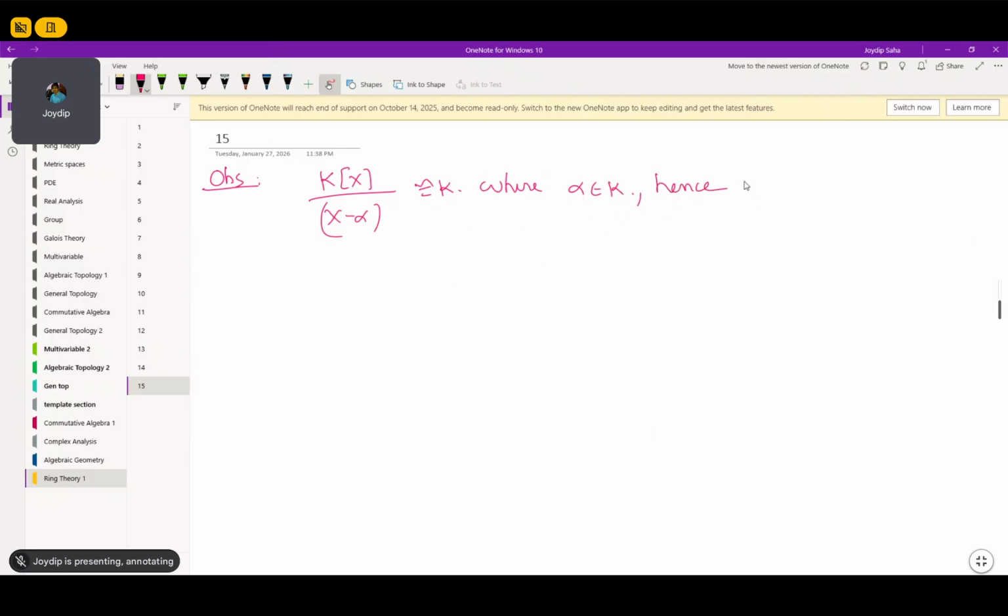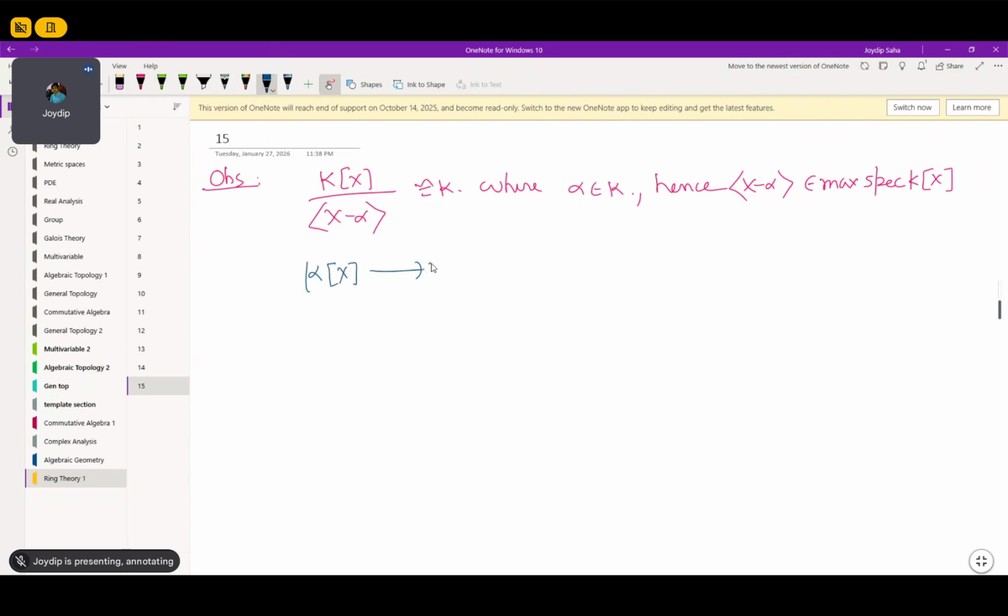Hence the ideal generated by x minus alpha belongs to max spec k[x]. This is very easy. All of you know how to prove it.